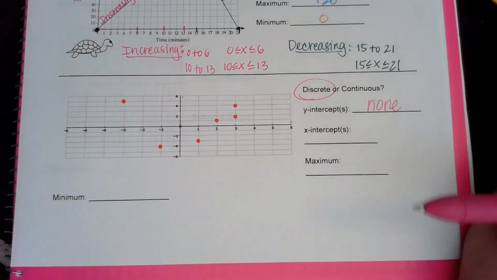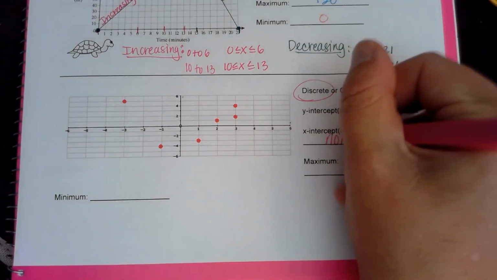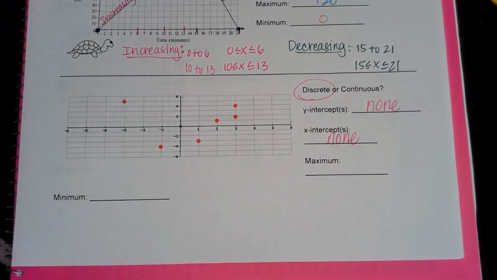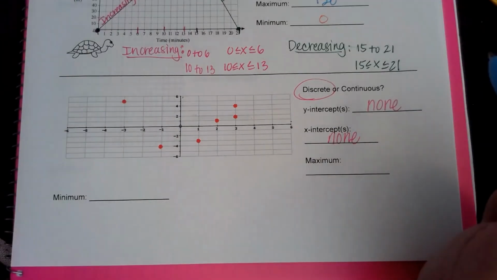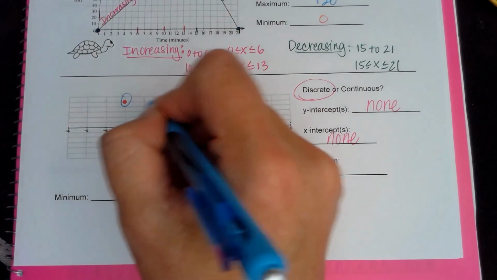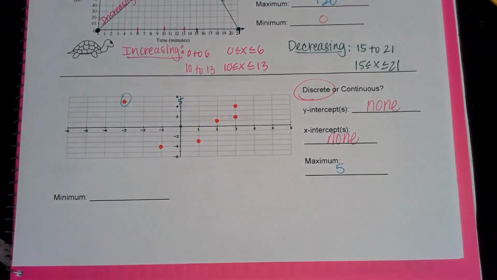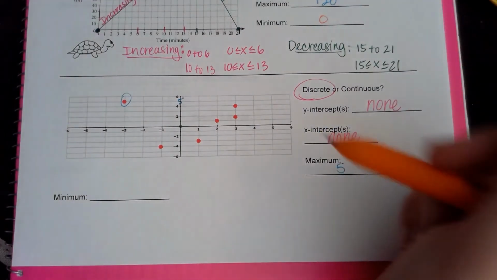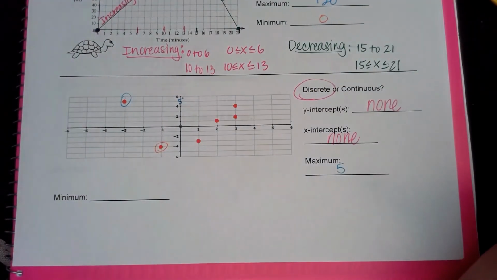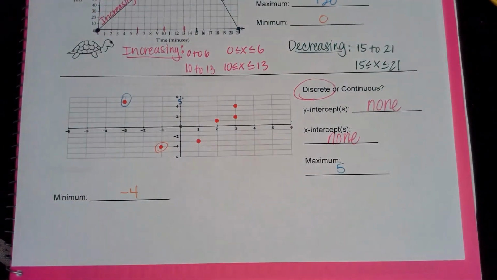Here is the x-axis. Are any of the dots on there? No, so there is none. Maximum, which dot is the highest up? And that is going to be this one, and it is at 5. Which dot is the lowest? And that is this one, and that one is at -4.